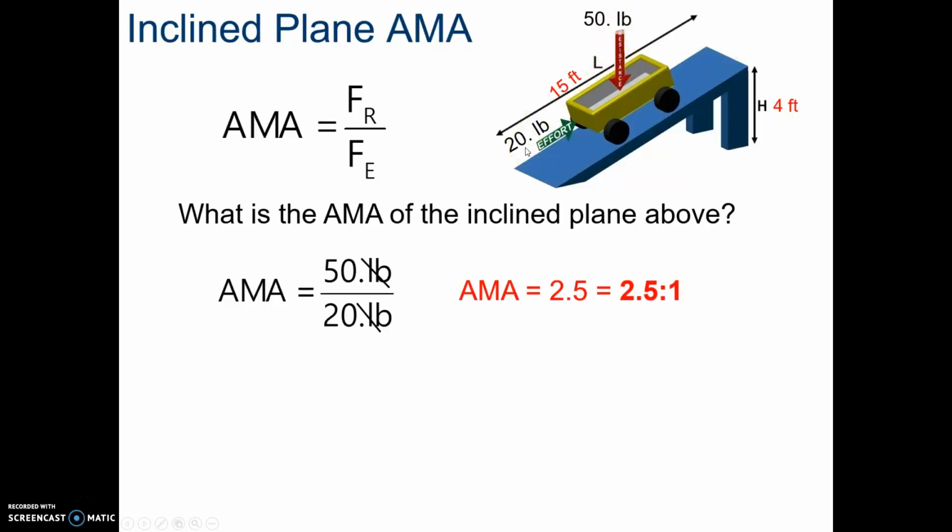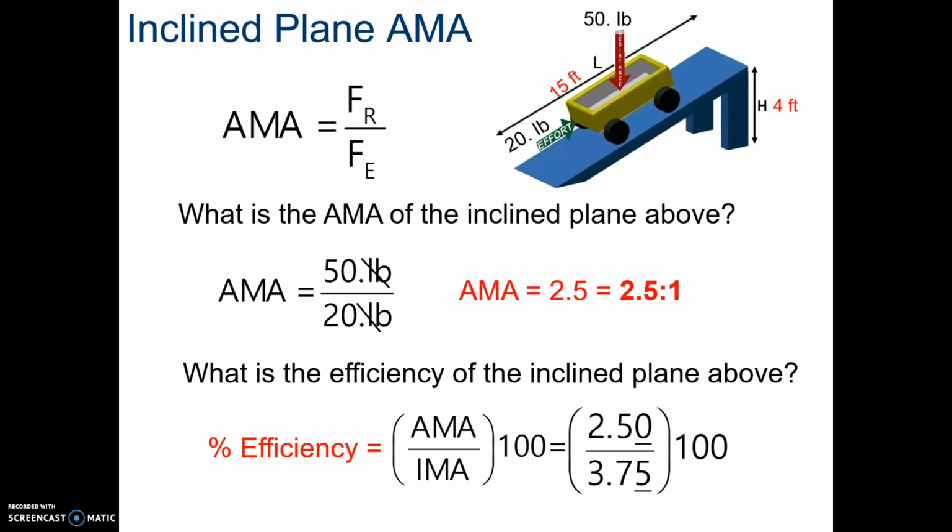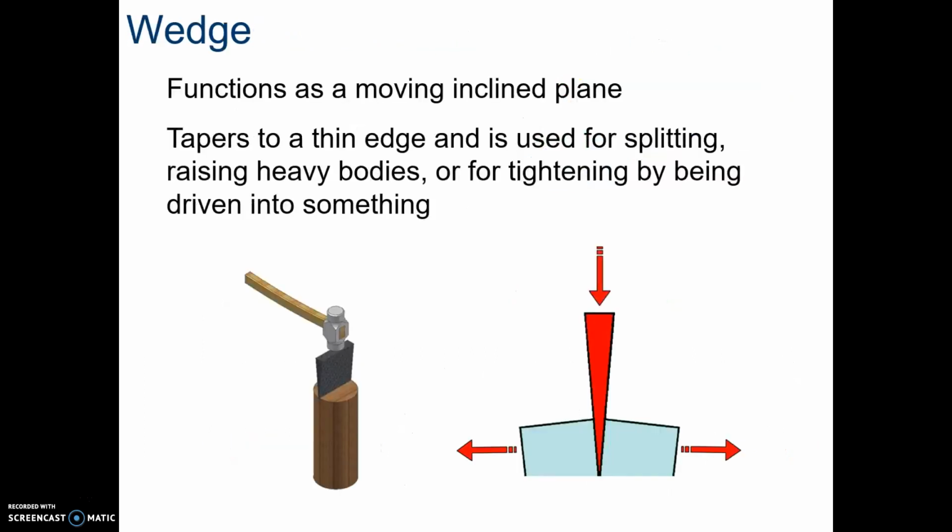The pounds cancel, and we get 2.5 to 1 as the actual mechanical advantage. For efficiency, we have our 2.5 divided by our 3.75 times 100, AMA over IMA, and we get 67%. We said there's still friction in the system, so that's where we lost efficiency.